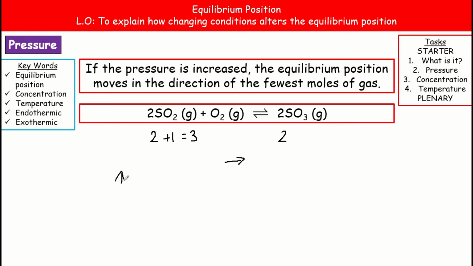So the way we answer that is we just say the equilibrium position moves to the right. And that's it. Obviously, if they were to ask you to explain, then you'd say the equilibrium position moves to the right because there are fewer moles of gas on the right compared to the left. And that's how we answer those questions.